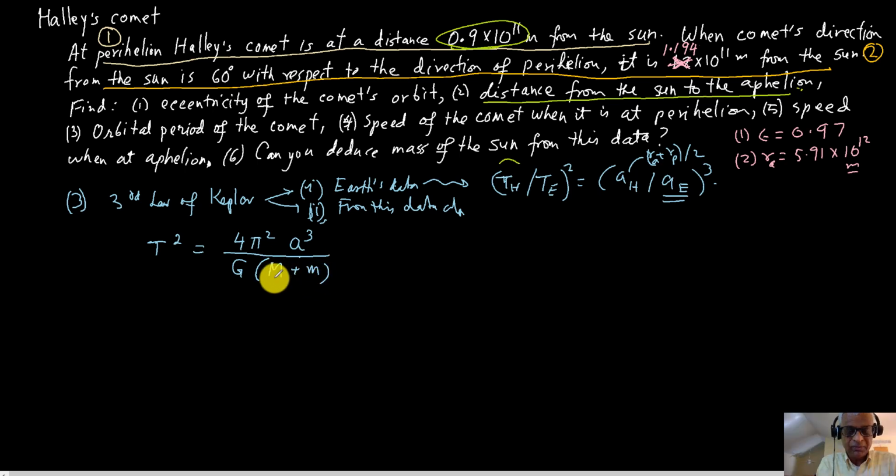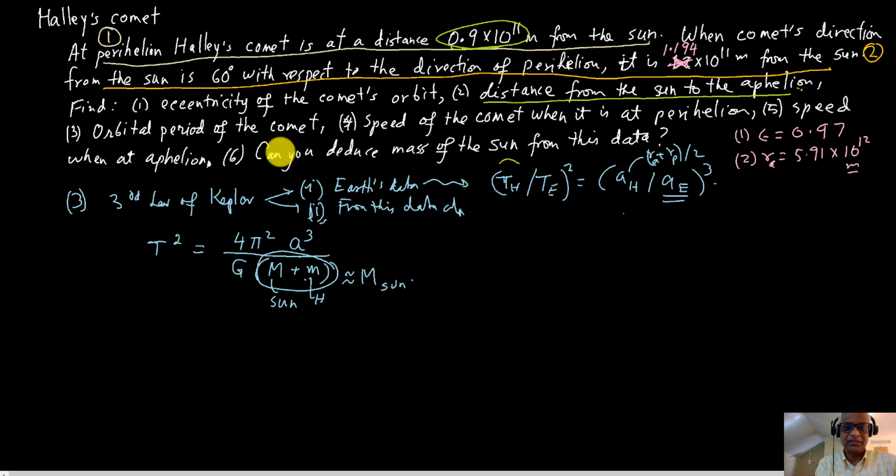So now we can say this is Halley's mass and this is the sun's mass, and this part we can approximate as the mass of the sun. Now for this, you have to be given the mass of the sun. Okay, for this we need Earth's.